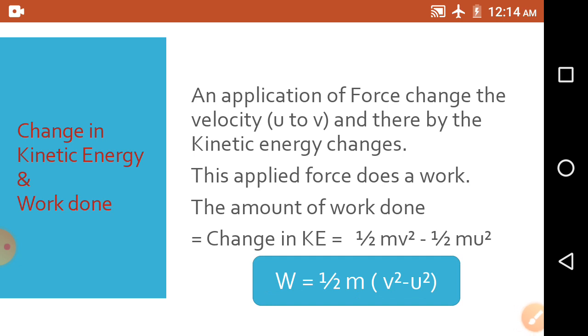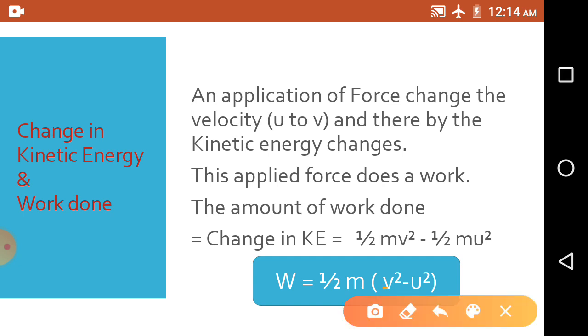Now suppose that initially the object is at rest, that means u equals 0. The body started from rest, so there is no velocity initially. Initially the body is at rest with velocity 0, then u equals 0. In this formula you can see u equal to 0, u square equal to 0. So what is left is only 1 by 2 m v square.